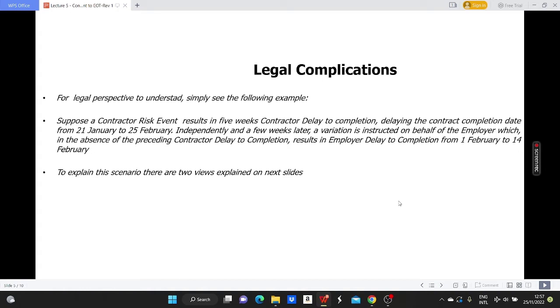Independently, and a few weeks after, a variation is instructed on behalf of the employer, which, in the absence of the preceding contractor delay to completion, would result in employer delay to completion from 1st February to 14th February.